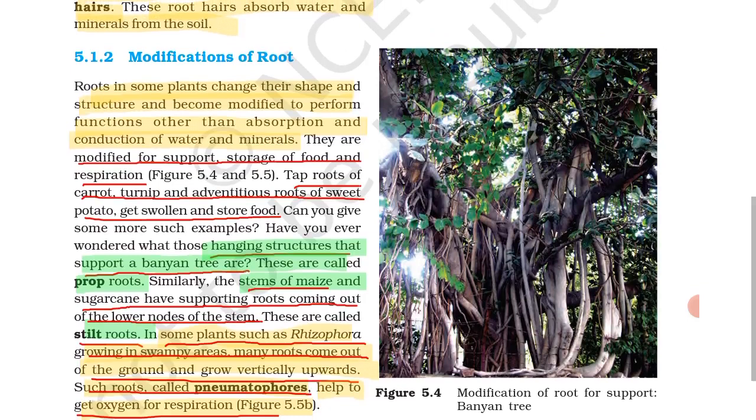They may ask a question: storage of food is seen in sweet potato. This is an example of adventitious root, and in taproot, that is carrot and turnip.